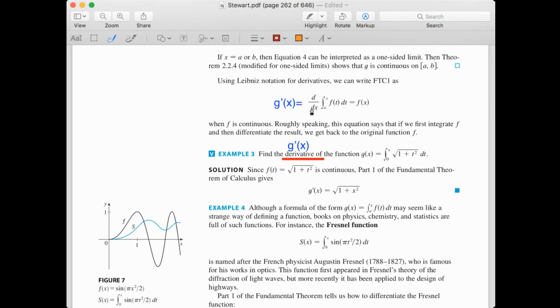It's like plus and minus, as if you didn't do anything, because the derivative and antiderivative are opposite operations. We integrate, then we differentiate. So that just gets back to the integrand, but with the change of variable. So f of t now changes to be f of x.